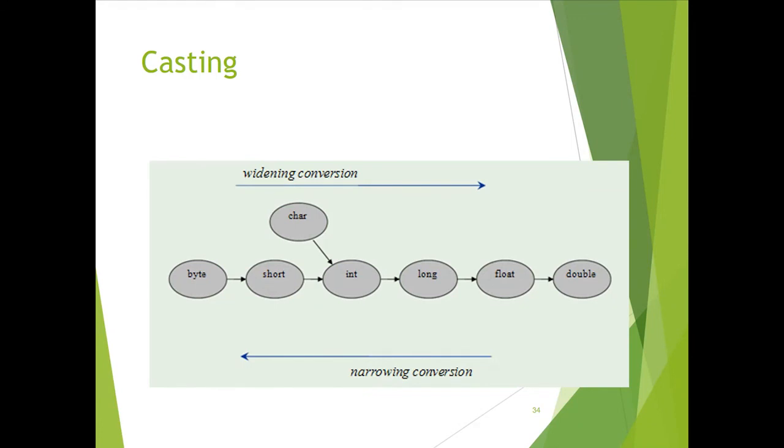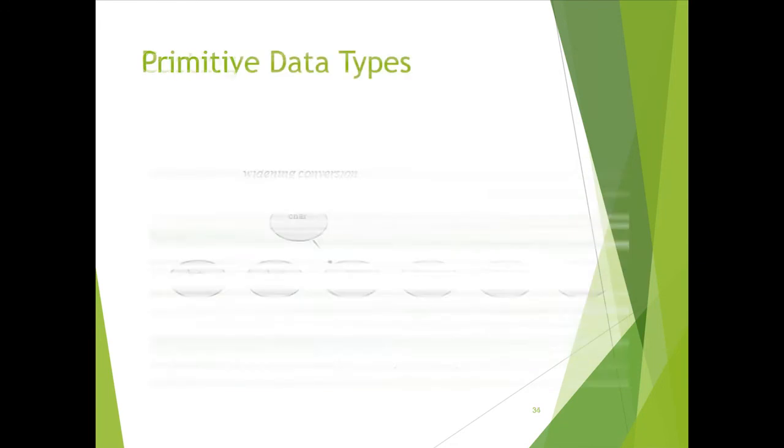For example ng casting, if you have widening, tumataas yung value. For example, if you have byte and it's going to be converted into a higher type like short, int, long, float, double, that is widening. Narrowing, bumababa ang value, ibig sabihin, from double, bababa ka papuntang byte. So, yun yung widening and narrowing.